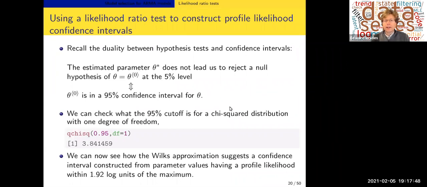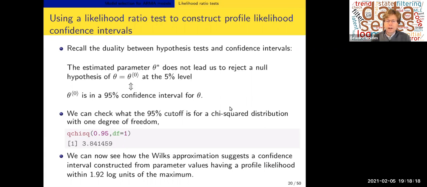Now, there's a close relationship between likelihood ratio tests and profile likelihood confidence intervals. There's always a duality between hypothesis tests and confidence intervals. And so if the estimated parameter theta star does not lead us to reject a null hypothesis, then that's the same thing as saying that theta 0 is in the 95% confidence interval for theta.